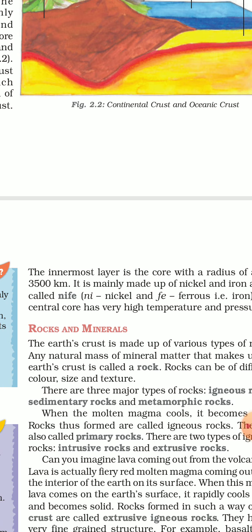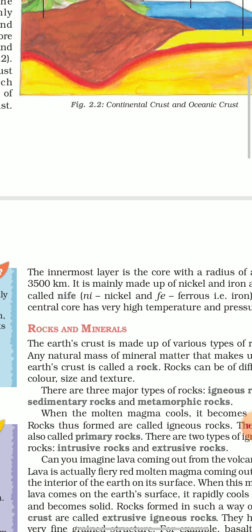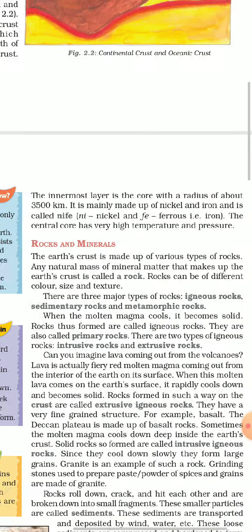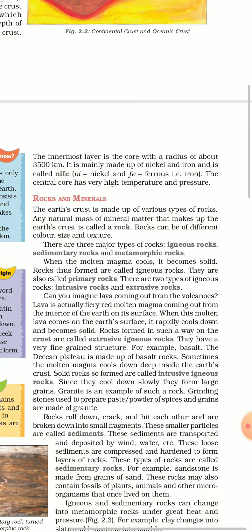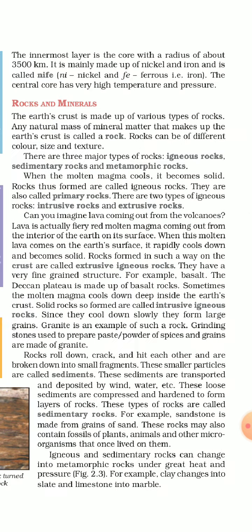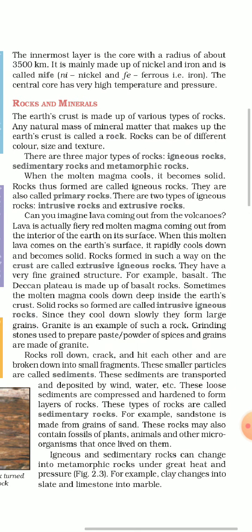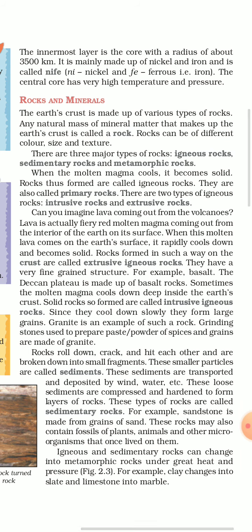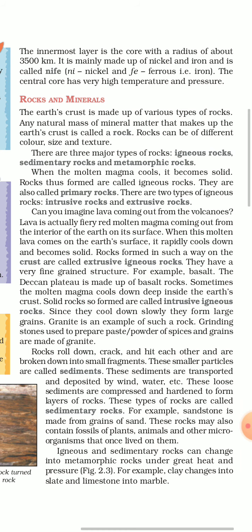The earth crust is made up of minerals and rocks. Rocks are composed of different minerals which are naturally occurring substances which have certain physical properties and definite chemical compositions.